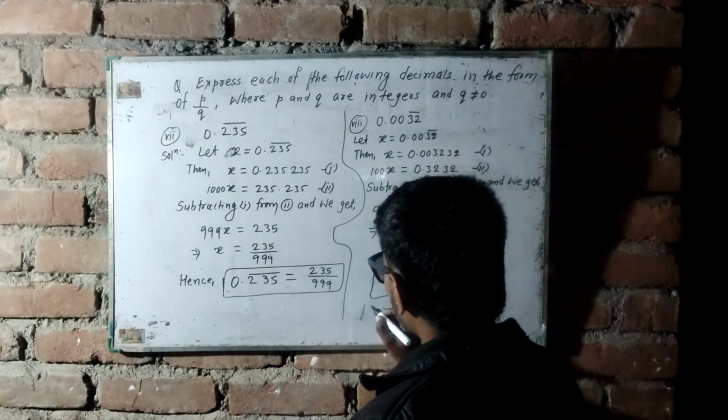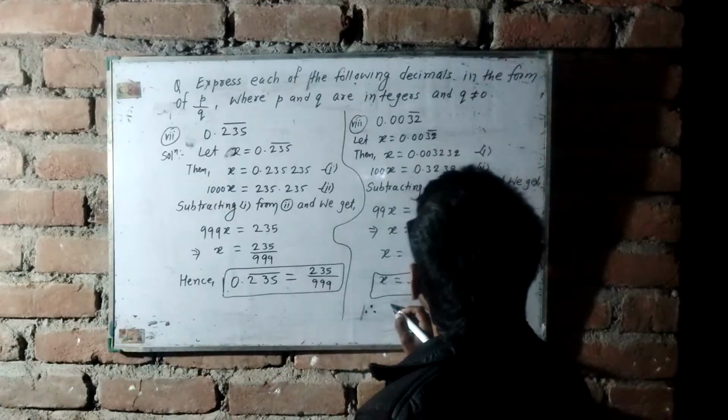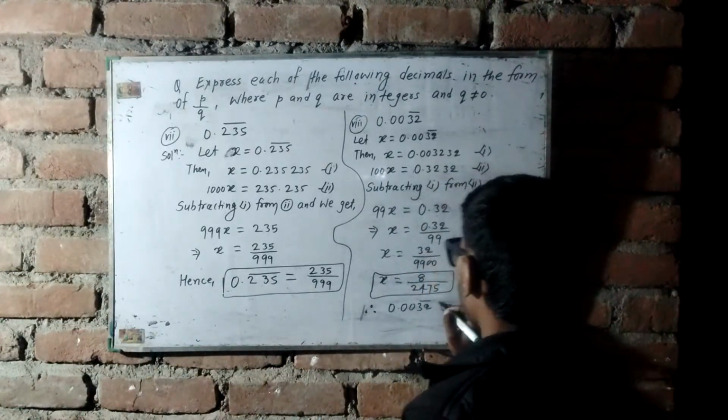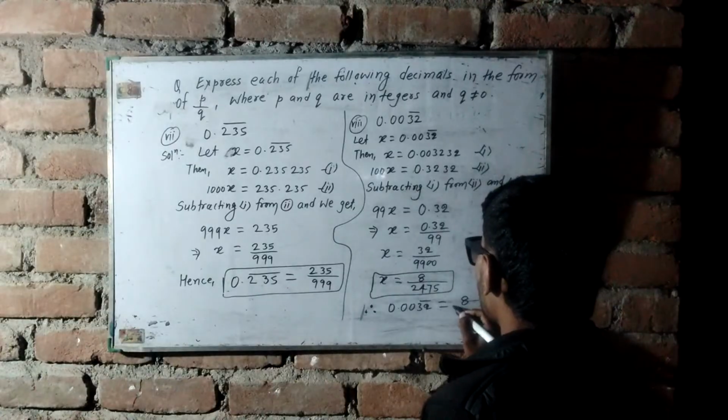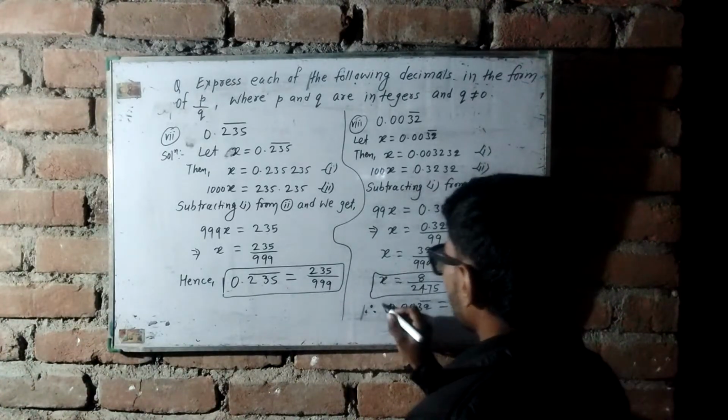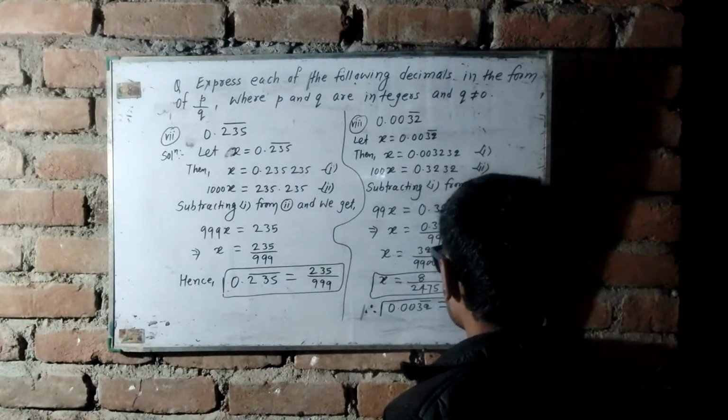Hence 0.0032 over bar 32 is equal to 8 by 2475. This is the required answer.